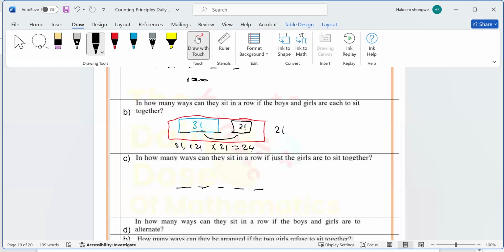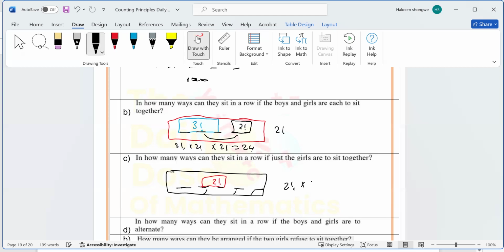So we're going to have a block containing the girls. First, we have a bigger block, then a block for the girls, 2 factorial, and then the things inside the bigger block. So we're going to have 2 times 5 factorial... 1, 2, 3, 4.